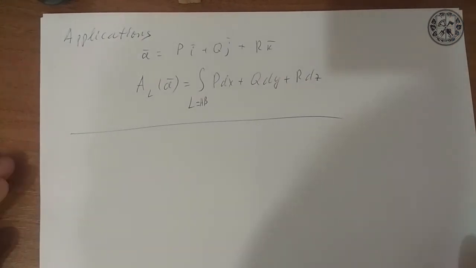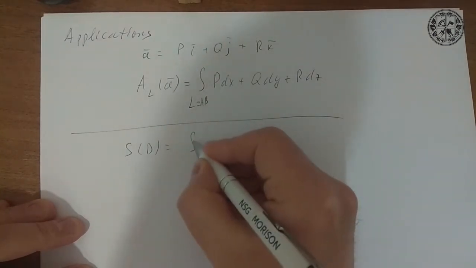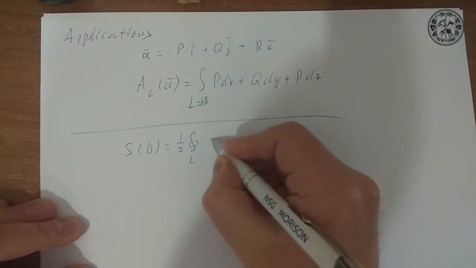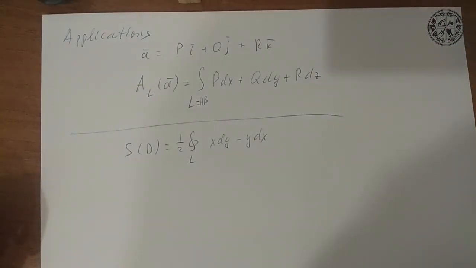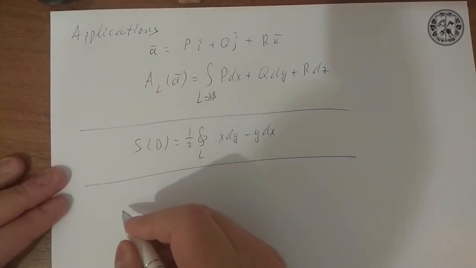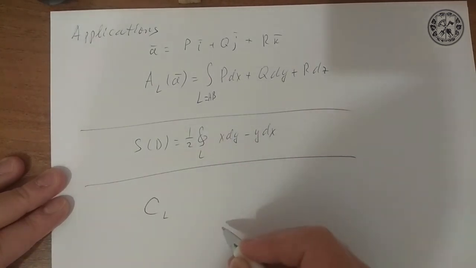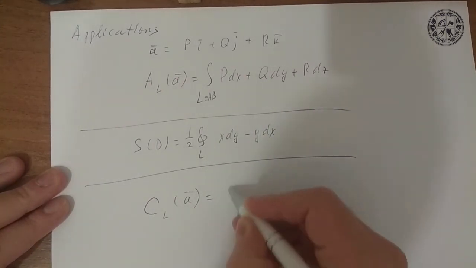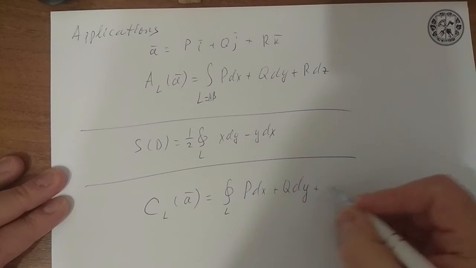Also, we can use it to find the area of some figure that is bounded by closed curve L. Area will be integral by curve L of 1 over 2 x dy minus y dx, and this follows from Green's formula. And we can also find circulation of vector field A along this contour L, which will also be integral p dx plus q dy plus r dz.